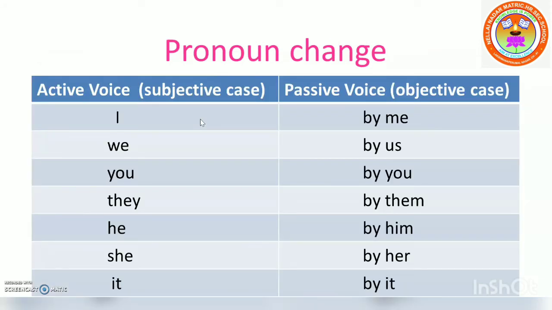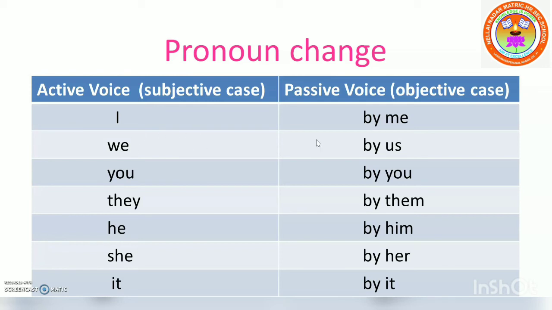Next, pronoun change. Here the list of pronouns are given. If these pronouns are used as subject in active voice, which means the subjective case, so these must be changed into objective case in passive voice. Say for an example, I is used as a subjective case in active voice, so this must be changed into by me as objective case in passive voice.